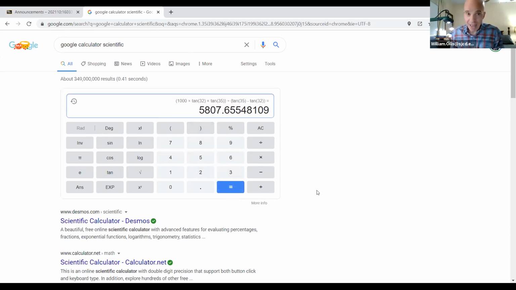And this gives us 5,807.6554. And in this problem, it says round to the nearest foot. So this will give us 5,808 feet.